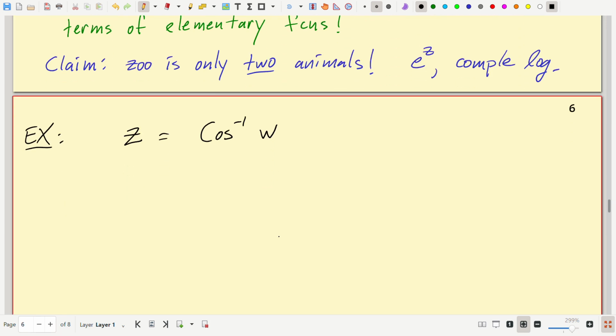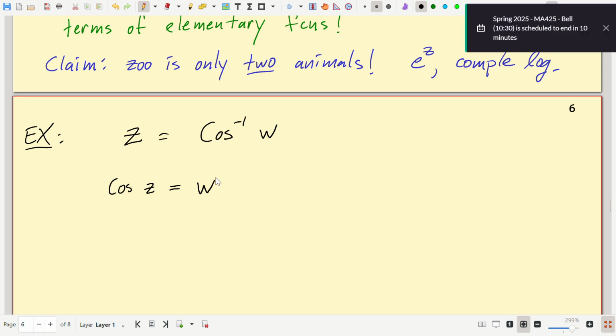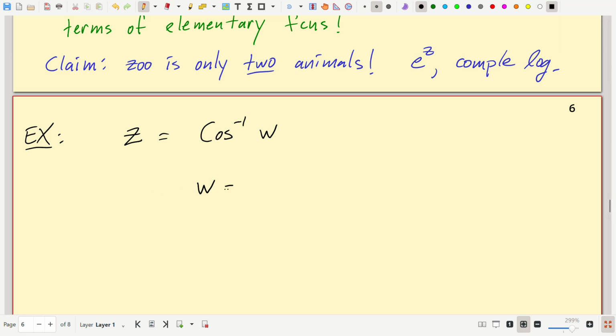What that would mean is that cosine of z equals w. Or let me write it on this side: w equals cosine of z. And cosine of z is e to the iz plus e to the minus iz, divided by 2.